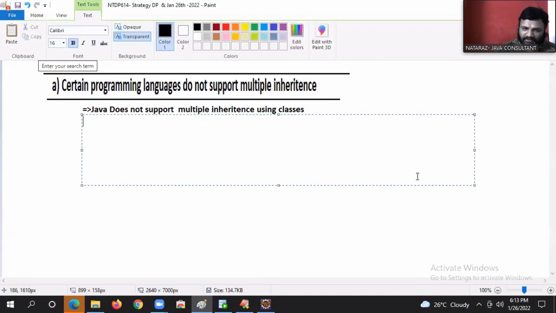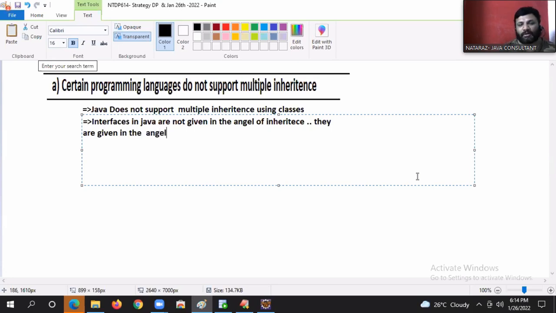And listen, interfaces in Java are not given in the angle of inheritance. They are given in the angle of polymorphism, with loose coupling.